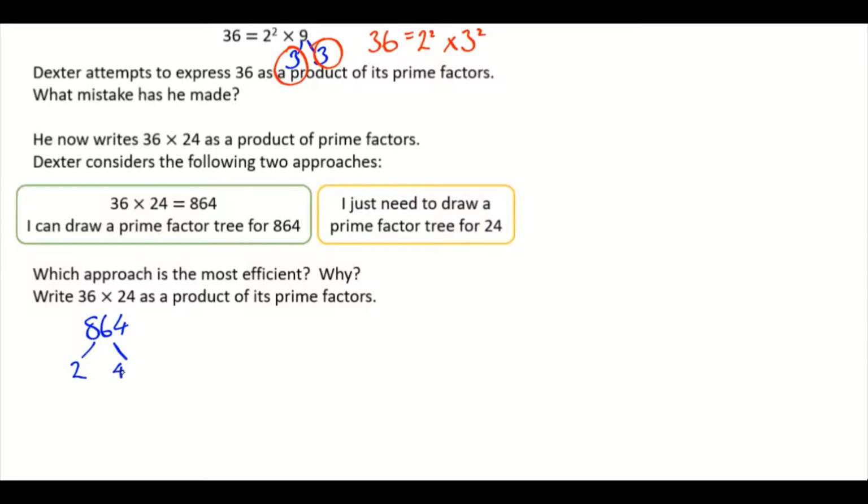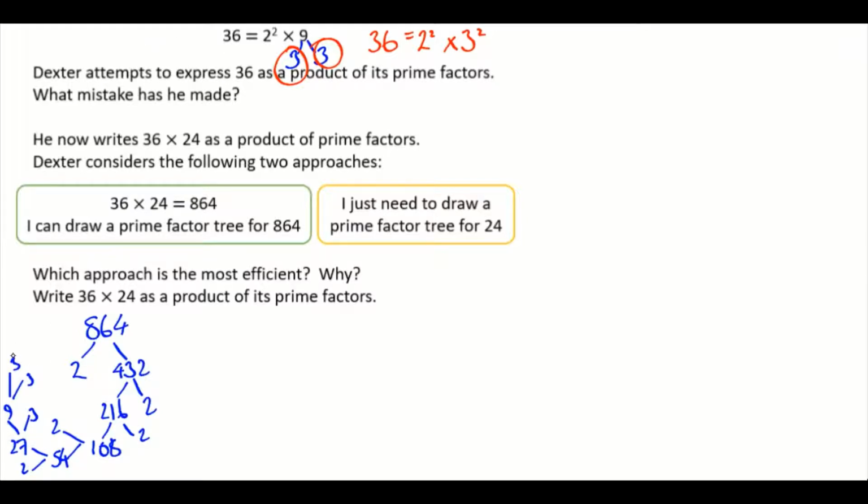So that's 432, which is also even, so that's 216 times 2, and then 216, that's 108 times 2, and then 108, I suppose we could keep going with the 2's, 108 is 2 times 54, 54 is 27 times 2, and then 27 is 9 times 3, and 9 is 3 times 3.